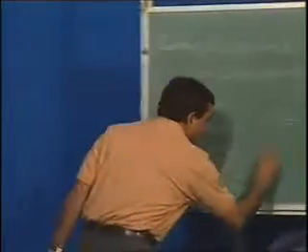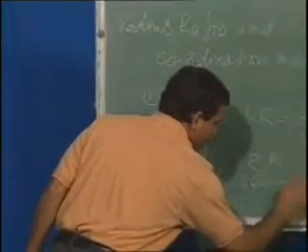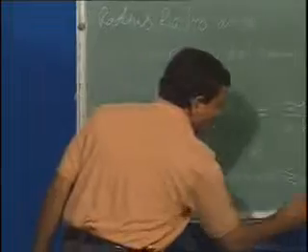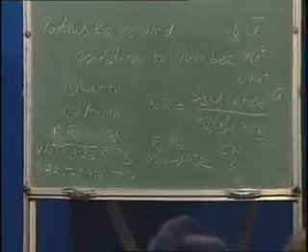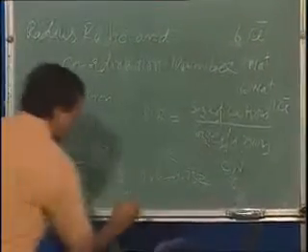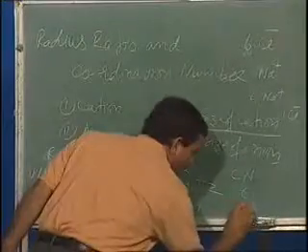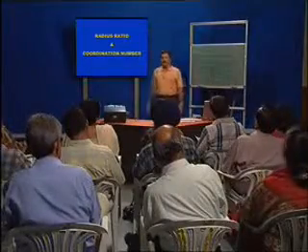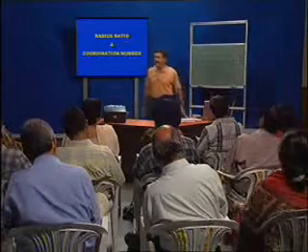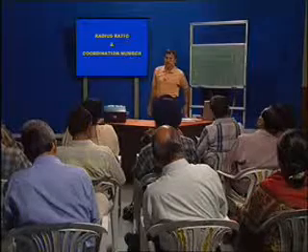And if the value of radius ratio lies between 0.414 to 0.732, the coordination number is 6. Last, if the radius ratio lies between 0.732 to 1, the coordination number is 8. And coordination number is highly helpful in deciding the geometry of the crystalline solids.